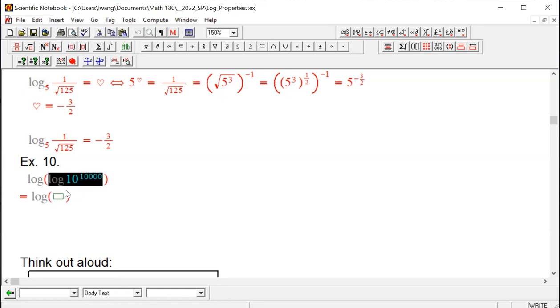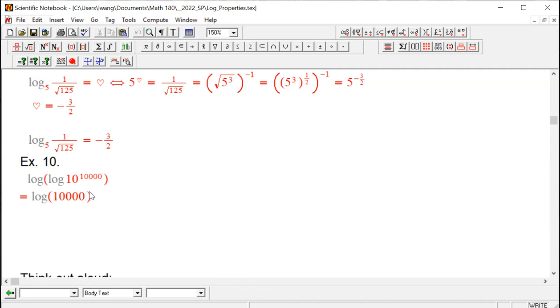Log base 10 to the power of 10,000 is just going to be equal to 10,000. And 10,000 is 10 to the power 4, so the answer in the end is just going to be 4. Layer by layer, we get to that.